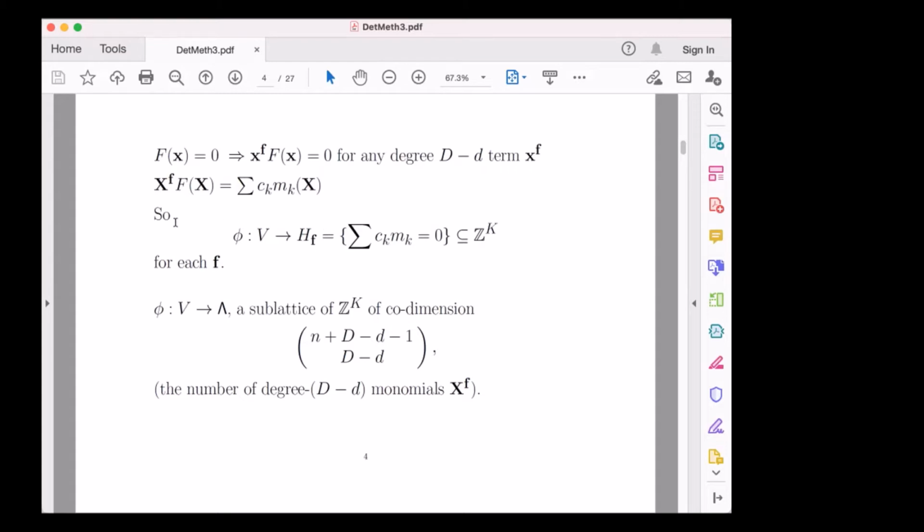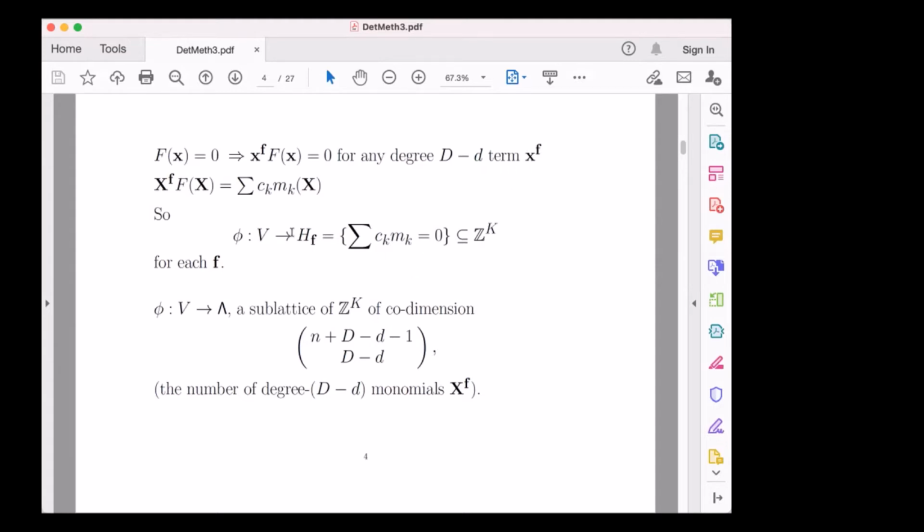So the rational points on our variety are now mapped not just into Z^K, but they're mapped into the points where x to the f times capital F vanishes. That's to say the points where the sum of c_k m_k(x) vanishes, and so we end up in this linear subspace of Z^K. And of course, this is true for every exponent vector f. There are many choices of exponent vector.